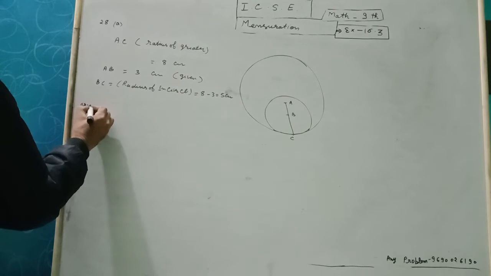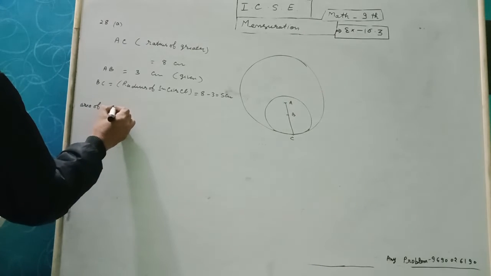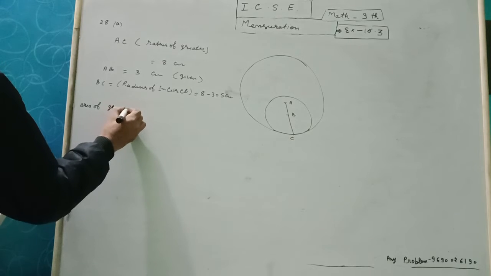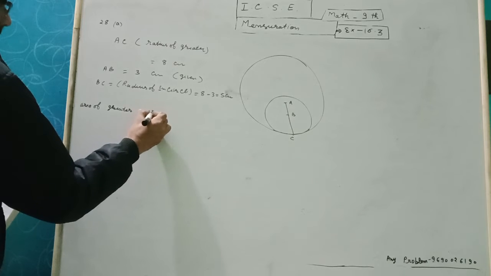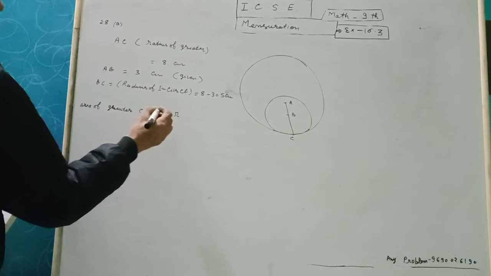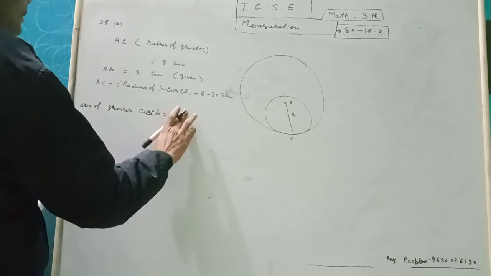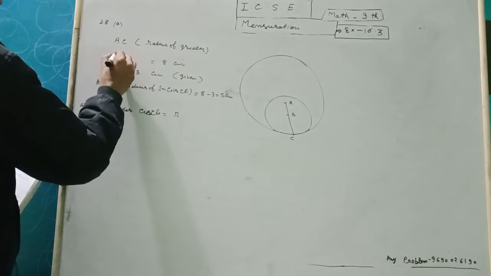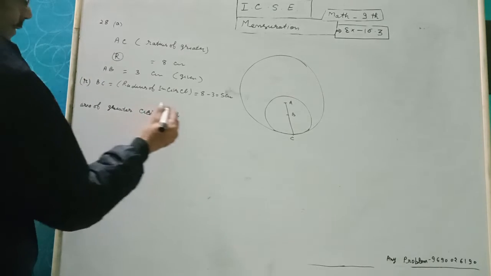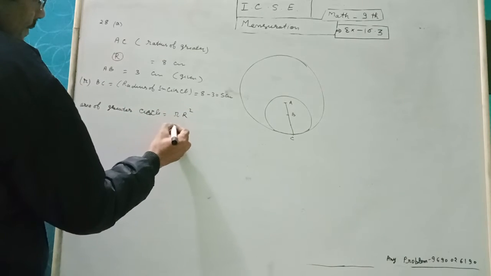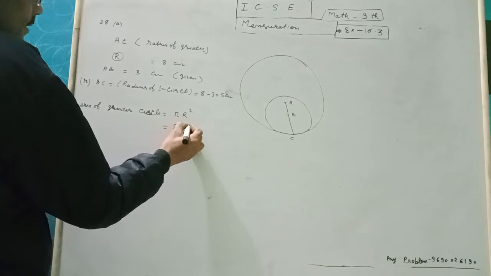Area of the greater circle, pi, you can write capital R and small r. Capital R square pi, R square value is 8.